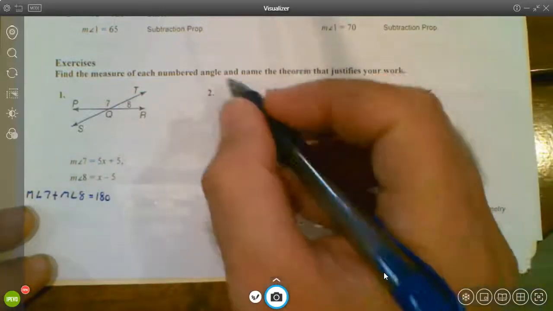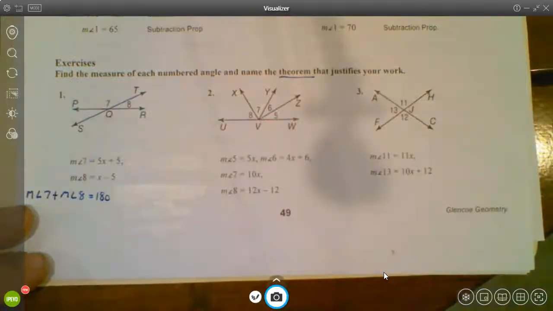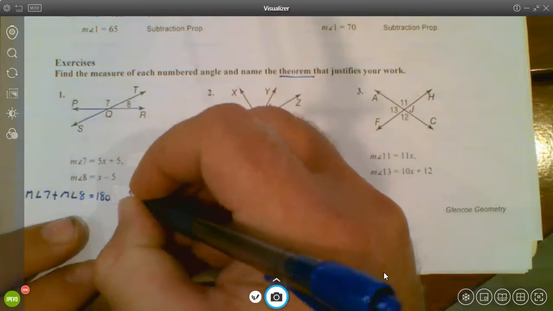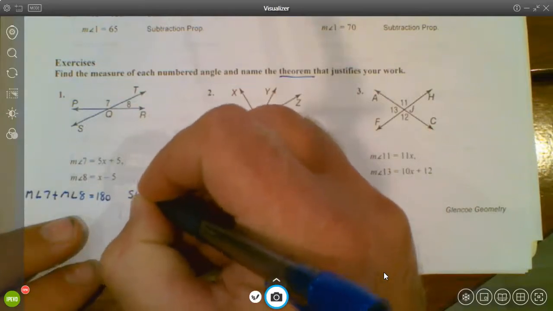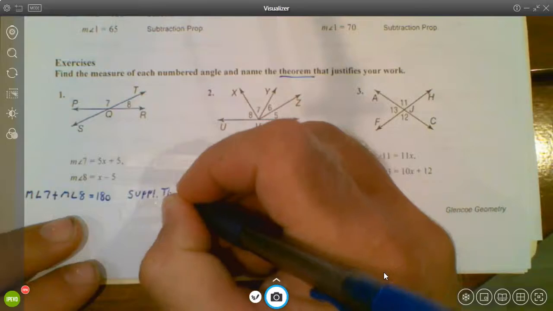And they want us to give a reason or name the theorem that justifies each step. So what allowed us to write that? That would be our supplements theorem that we just saw from up above. We will abbreviate just like they do.